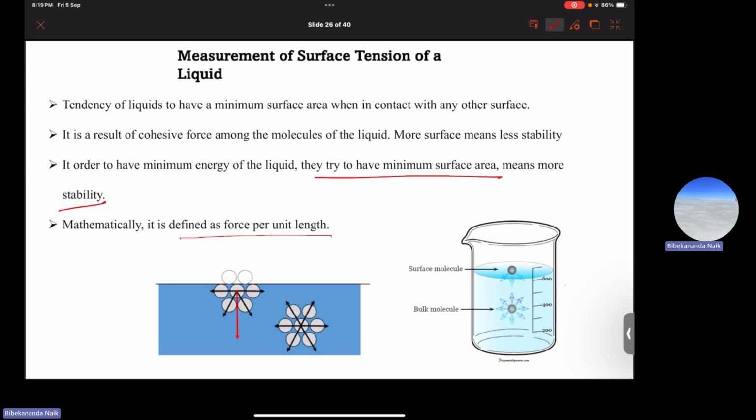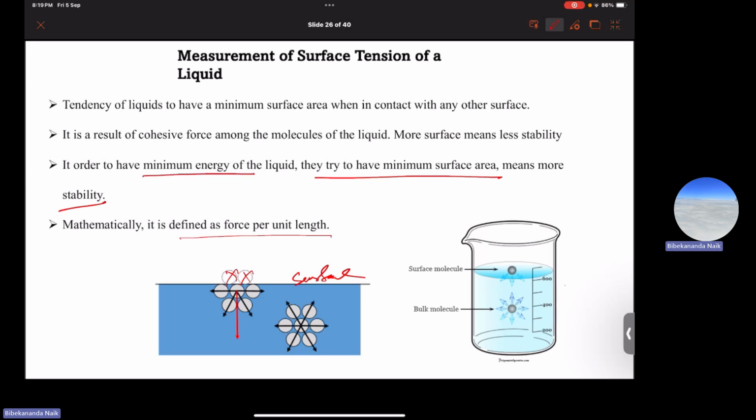So it is defined as force per unit length. You can take this example here. This is the surface. When the liquid drop is present inside the liquid medium, it experiences force from the surrounding particles, but for the surface, these two contributions are absent, so they lead to a decrease in the energy.